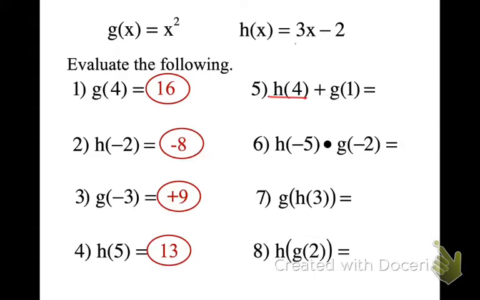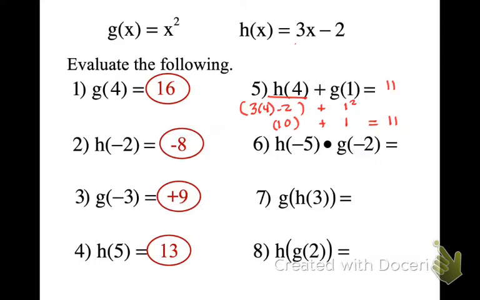So I'm doing 3 times 4 minus 2, and that simplifies to 10, plus the g function of 1. So it would be 1 squared, so that's 1. So that simplifies to 11. The h of 4 plus the g of 1, and we read it g of 1, not g times 1. In this case, it doesn't mean multiplication.